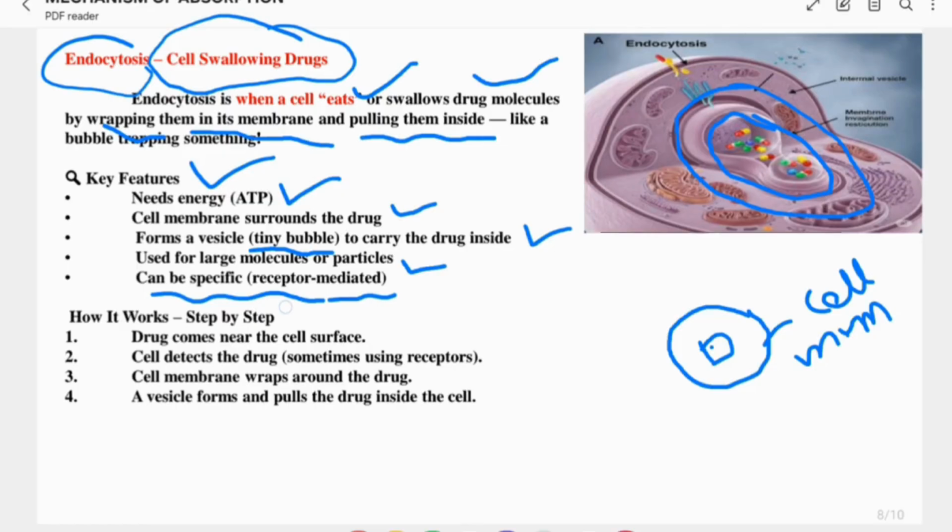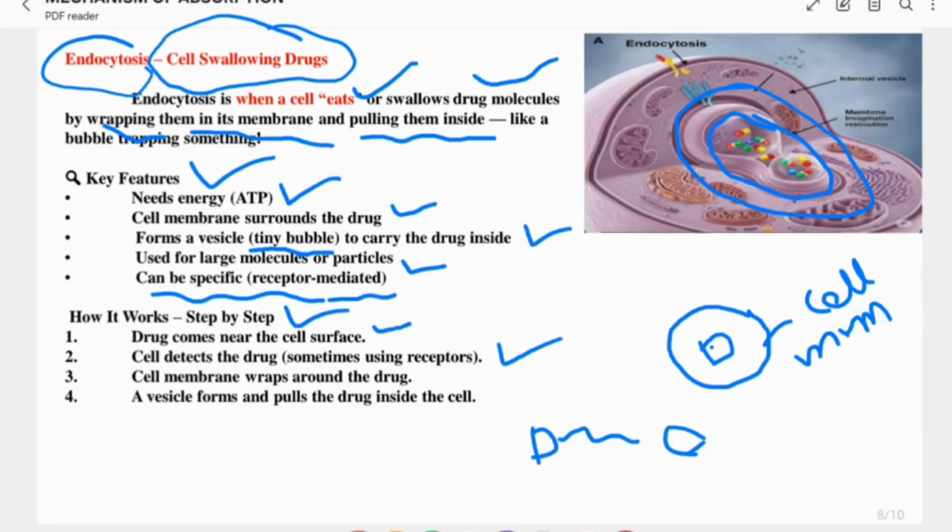Then how does it work? First, the drug comes near to the cell surface. After that, the cell detects the drug by using some receptors.